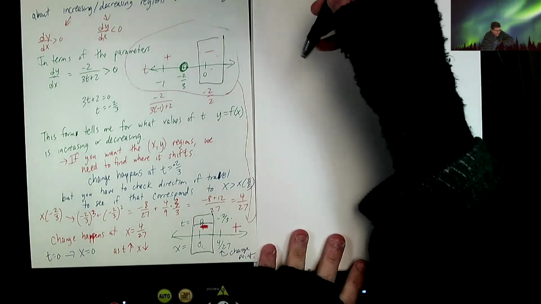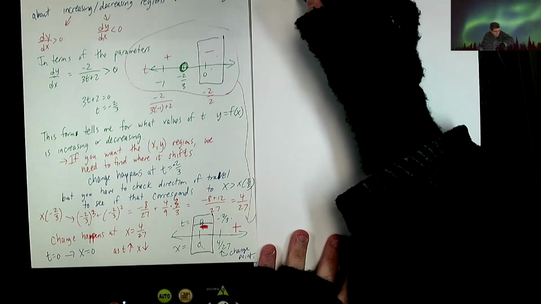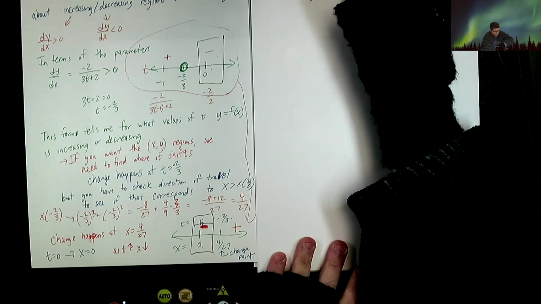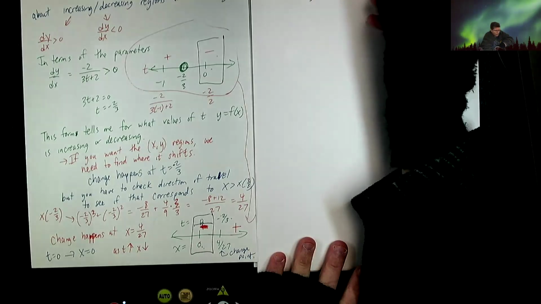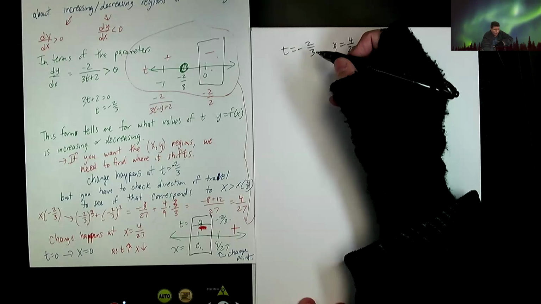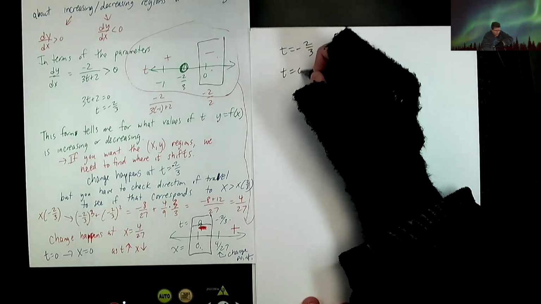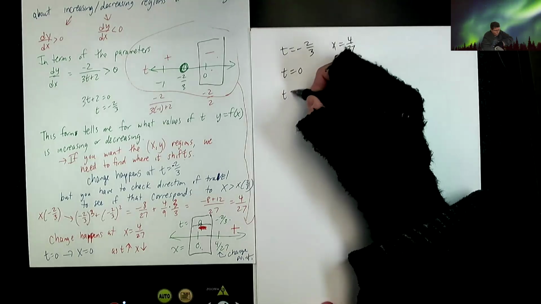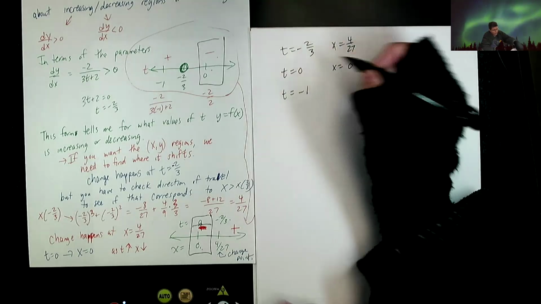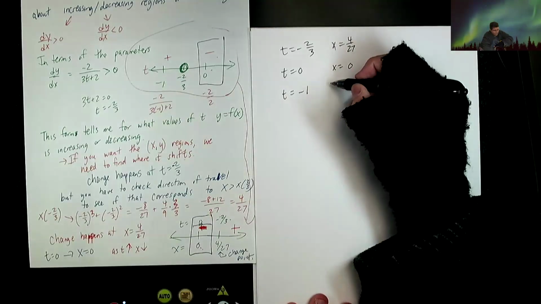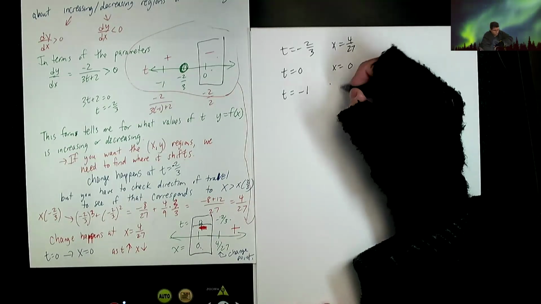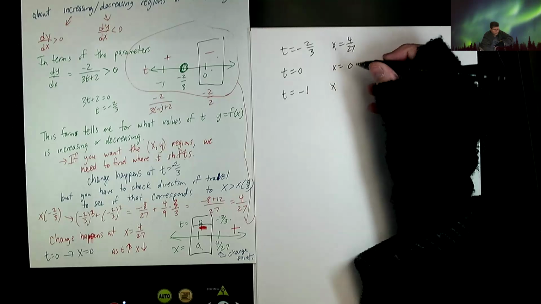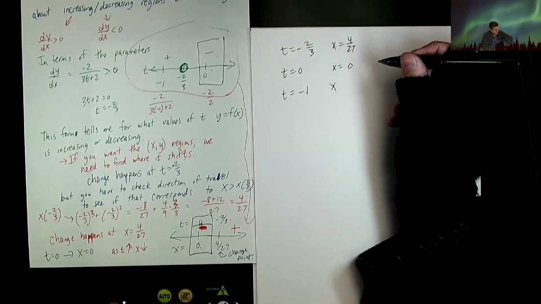So we found when t equals negative 2/3, we got x equals 4/27. We saw when t equals 0, we got x equals 0. And when t equals -1, what I plotted up here, x equals, where's my equation?